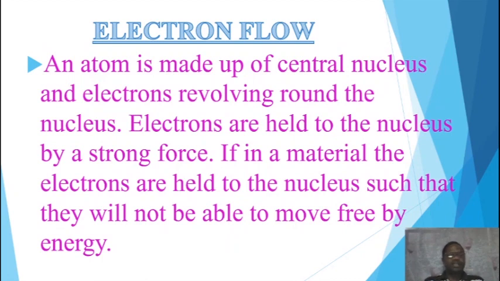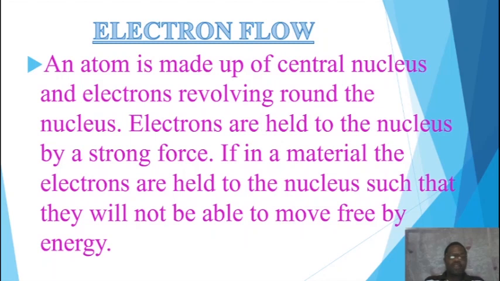Now let's look at the electron flow. We are starting with the fundamentals of electricity. Now you remember we said that an atom is made up of a central nucleus. The nucleus is located at the central part of the atom, and the electrons revolve around the nucleus.